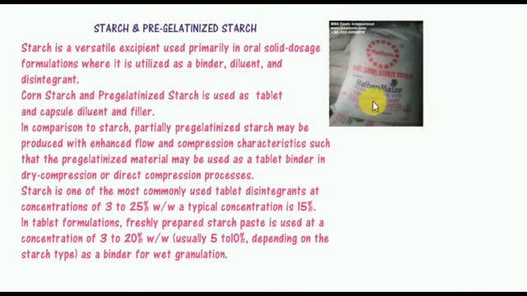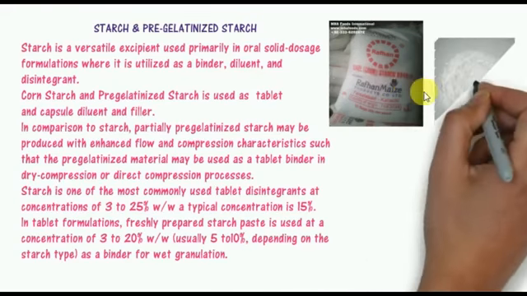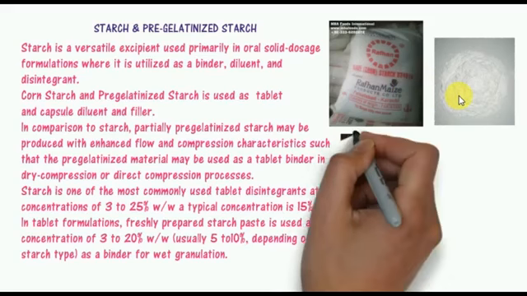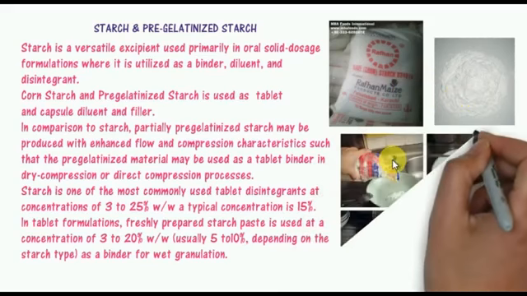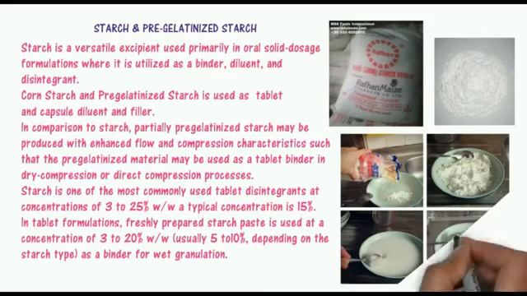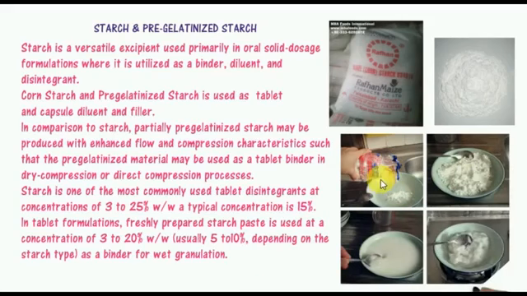This is a maize starch bag, and this is the maize starch powder. This is the paste preparation process. First of all, it is taken in a kettle or in a container, and then it is mixed with slightly warm water, and then it is either heated on a stove to form this paste.